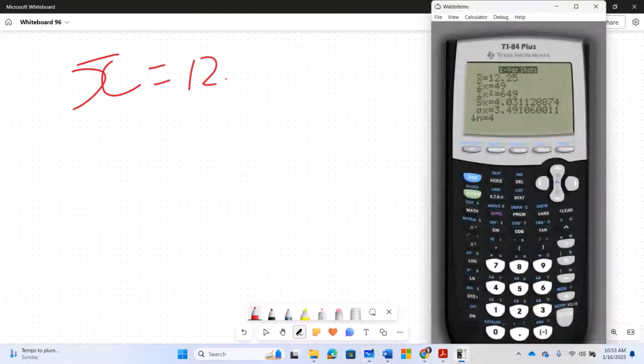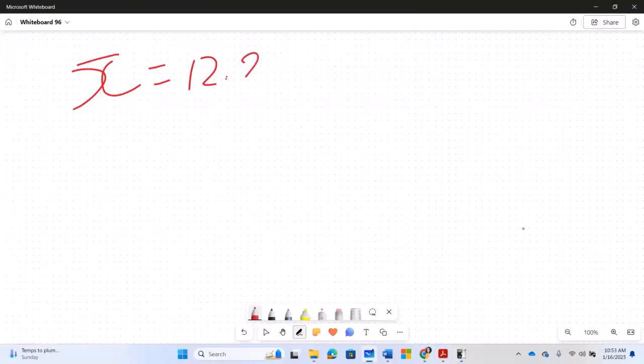Usually when I calculate the mean, the calculator gives me X bar, which according to this is 12.25. That is what my calculator gave me.